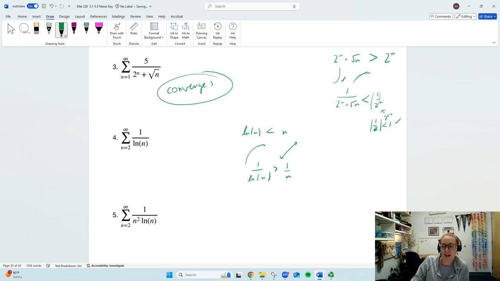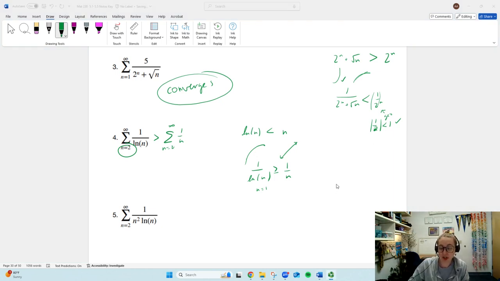My 1 over ln of n, 1 over something smaller, is actually going to be larger because I'm cutting it into more pieces. So this is larger than our trusty harmonic series. The only way that this falls apart is when n actually equals 1, because I would have 1 over 1, which would be equal to this. And so that is why we are starting at 2 here.